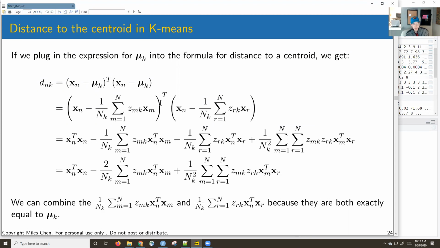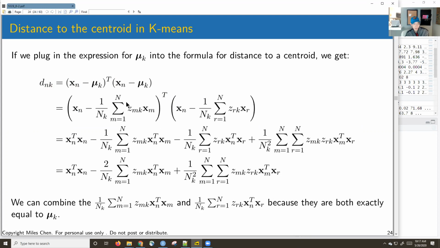Okay, so let's go ahead and apply the transposes. We'll apply the transpose and carry out the multiplication. So again, this is still the distance from point n to the centroid of cluster K. So it's fine that xn and xn here are both the same.